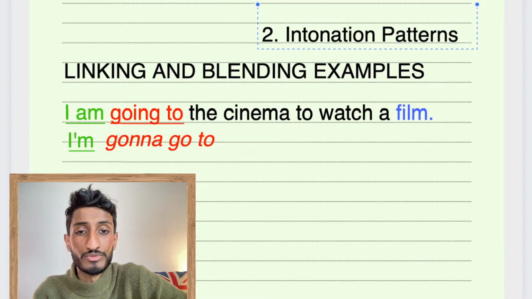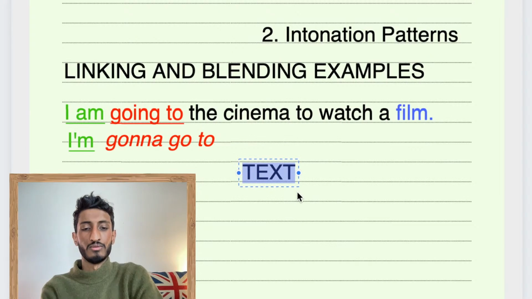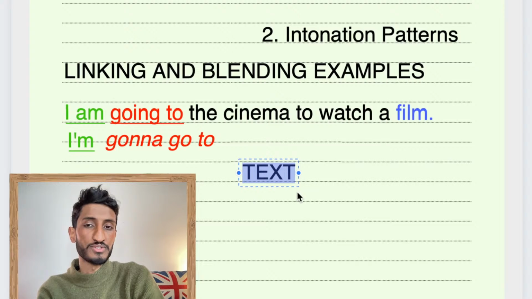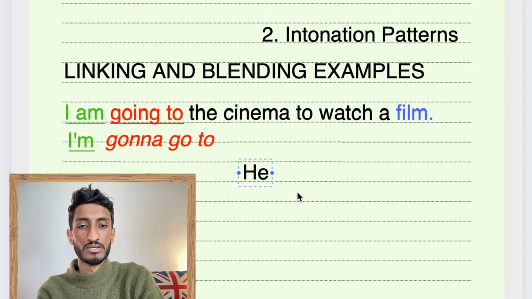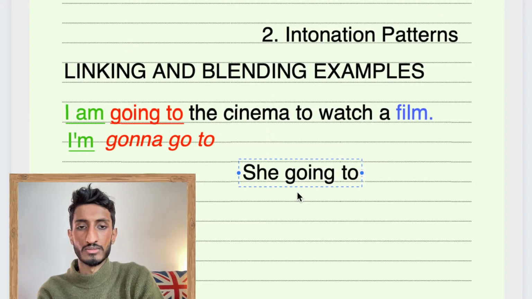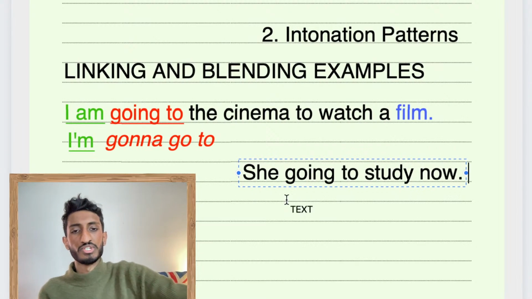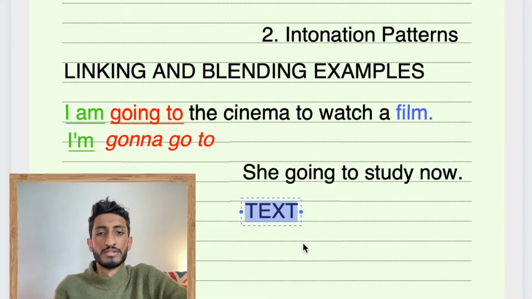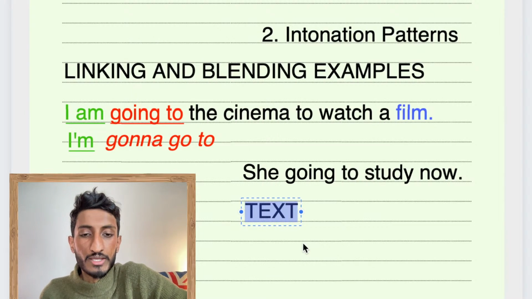Now there's a lot more examples that follow the same pattern. So let's take a look. What would you change this to? Which two words would you link and blend?